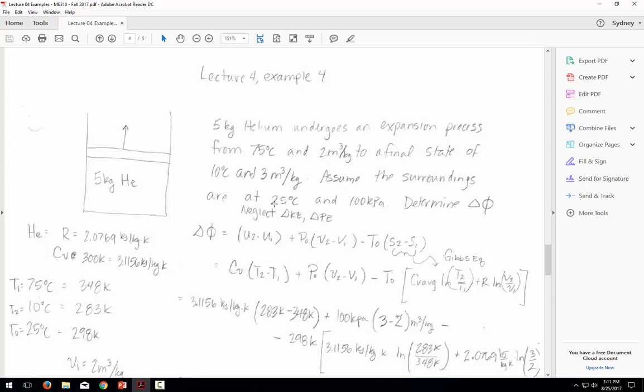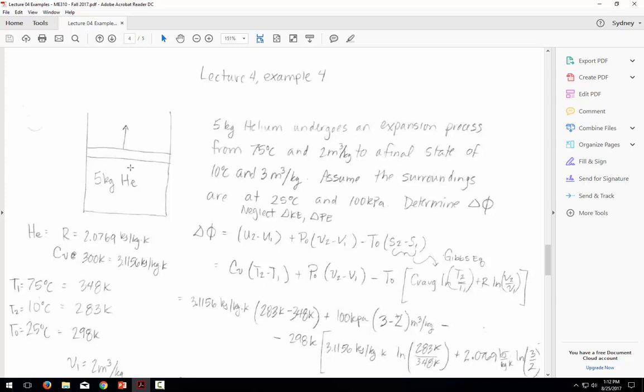We're to assume the surroundings are at 25 Celsius, 100 kilopascals, and we're going to neglect any change in kinetic or potential energy during this process. So we found that our change in exergy is just equal to U2 minus U1 plus P naught times V2 minus V1 minus T naught times S2 minus S1.